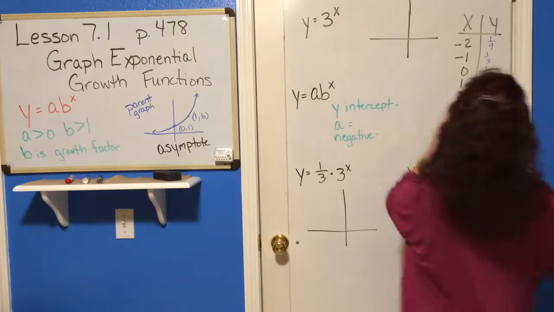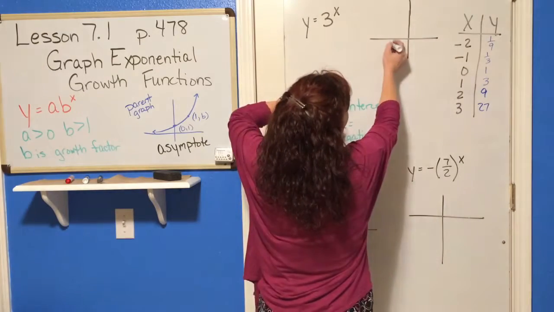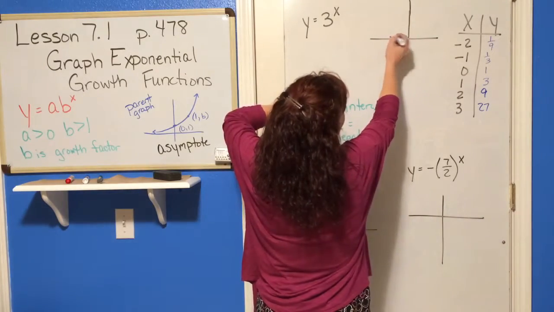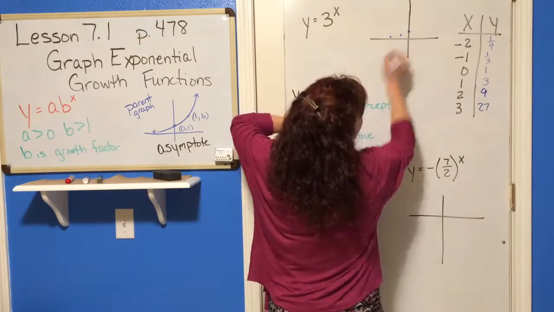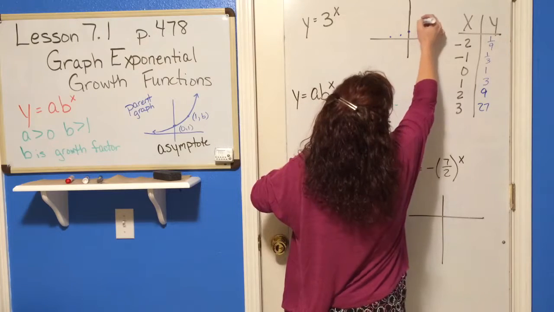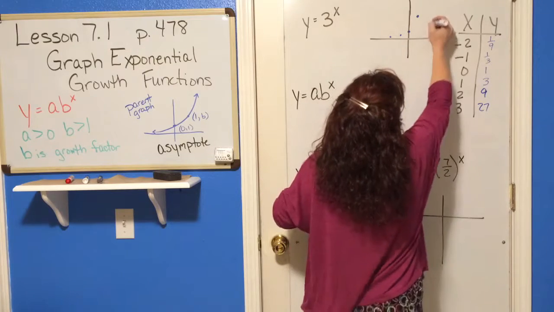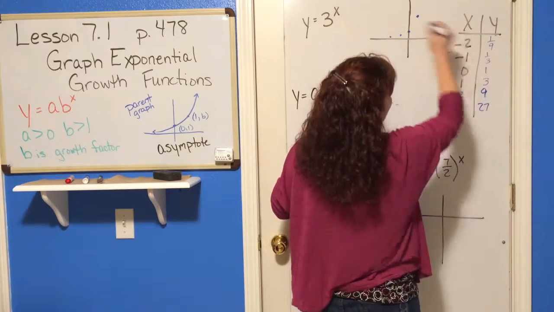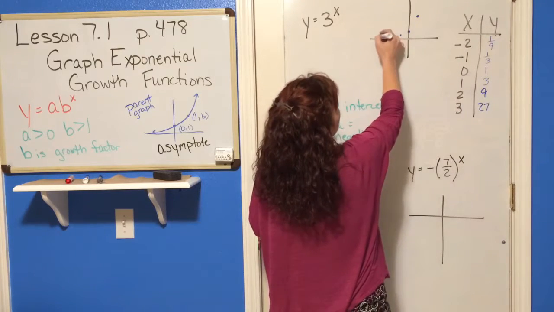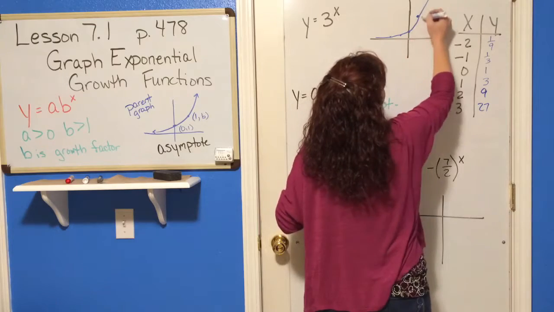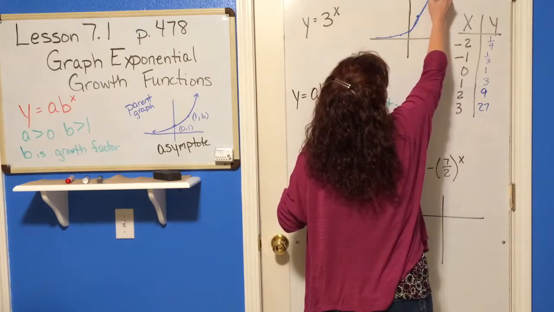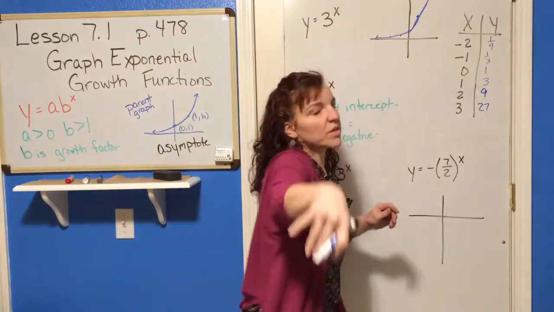So when you graph these points, negative 2, 1/9 is right there, negative 1, 1/3 is right here, 0, 1 is right here, 1, 3 is about right here, 2, 9 is way up here, and 3, 27 is way up high off of your graph. So then you can put a smooth curve through these. You know how to do it better than I can. Here we go.